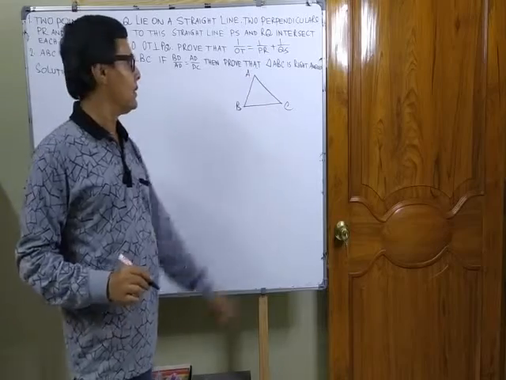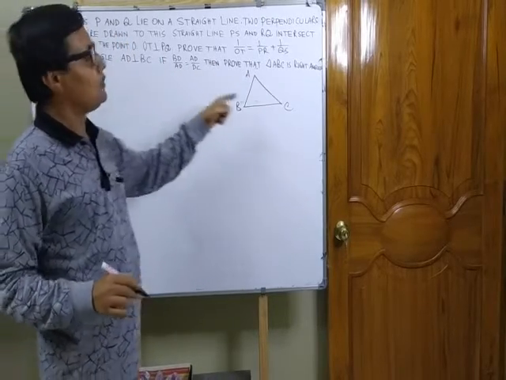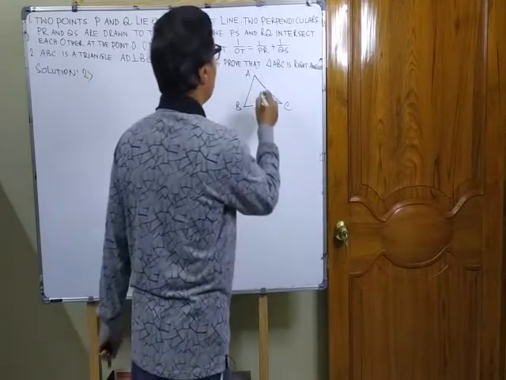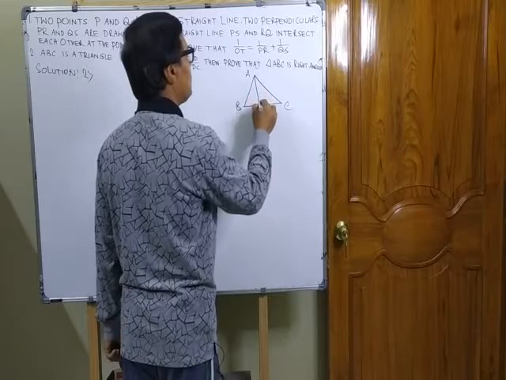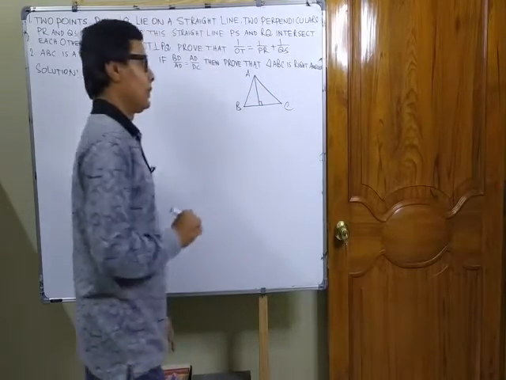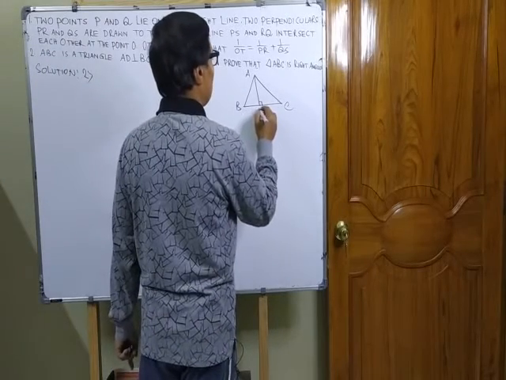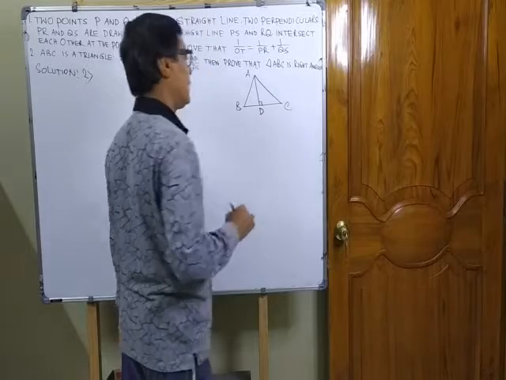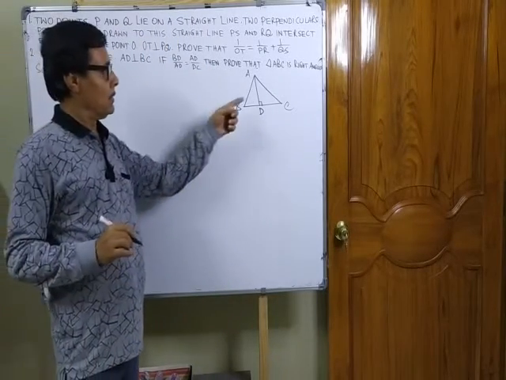A is the vertex, and from this vertex a perpendicular AD is drawn to BC. This is perpendicular, that is 90 degrees.